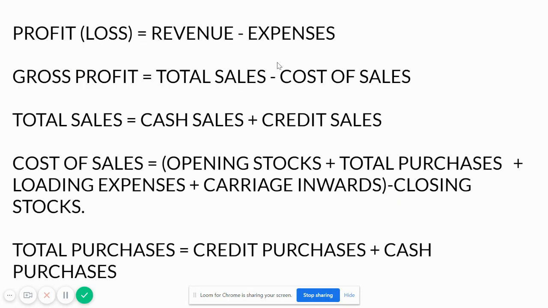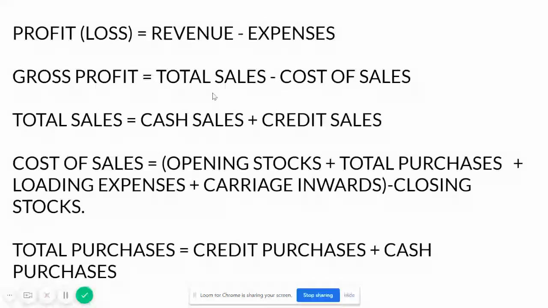So here I have given you these relationships in mathematical forms as equations, which will help you to get a good knowledge about this. So gross profit is always the difference between the total sales minus the cost of sales.